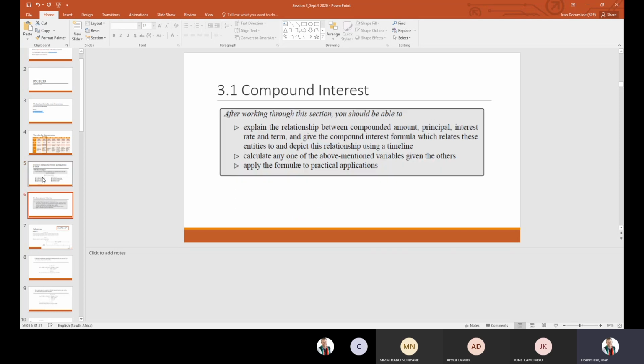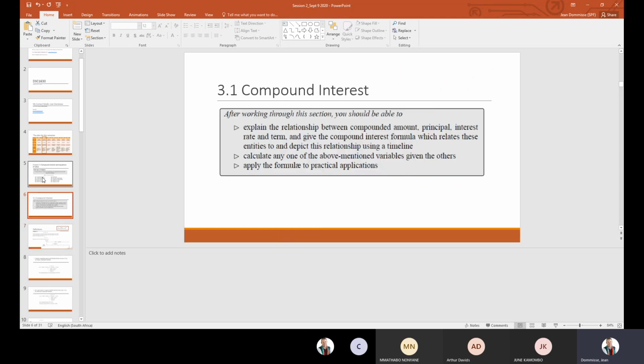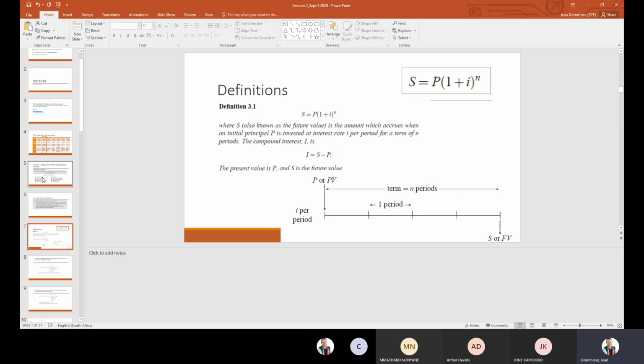Going into compound interest, there are a lot of definitions, but the big difference between compound interest and simple interest is this: with simple interest, you invest an amount, and at the end of the term you get interest on it. With compound interest, they tell you the term and the interest rate, but basically you're getting interest on interest.